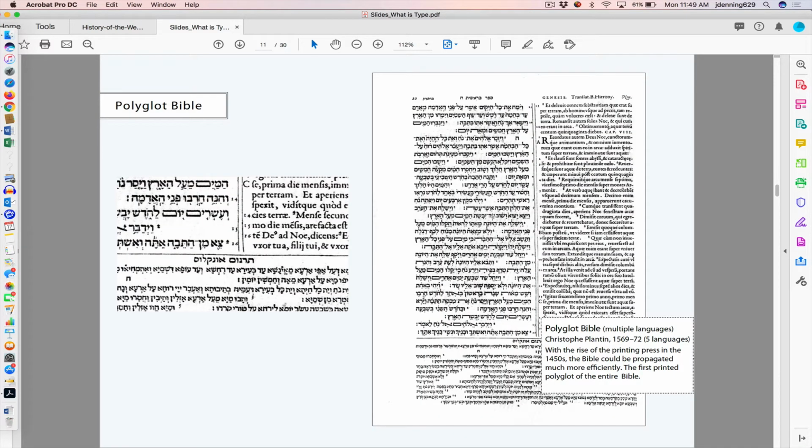The Polyglot Bible. With the rise of the printing press in the 1450s, the Bible could be propagated much more efficiently, and this is the first printed polyglot of the entire Bible. And the work started in 1502 and took 15 years to be completed.